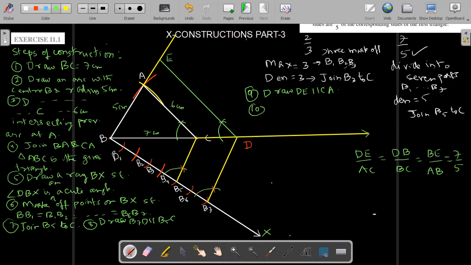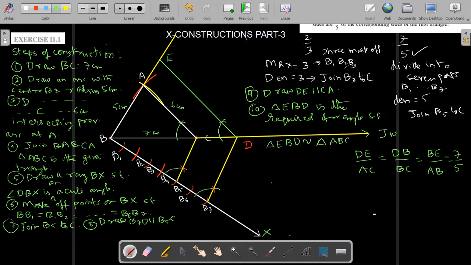Tenth point: EBD is the required triangle such that triangle EBD is similar to triangle ABC.